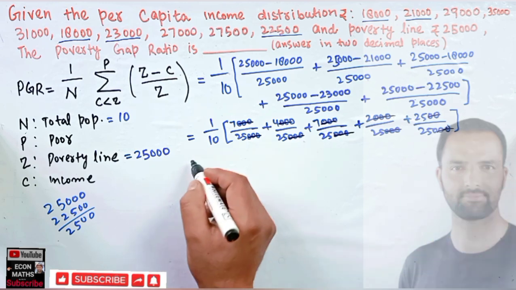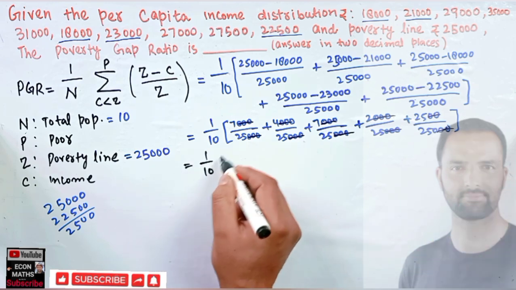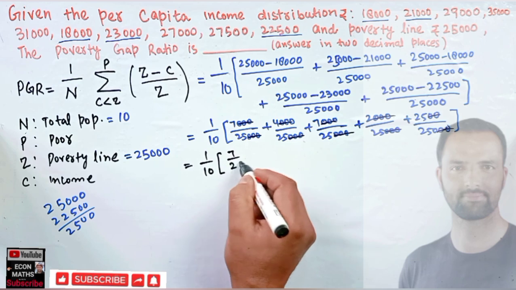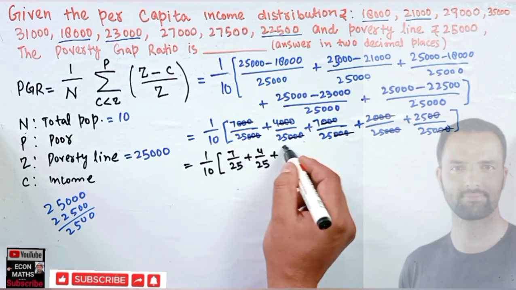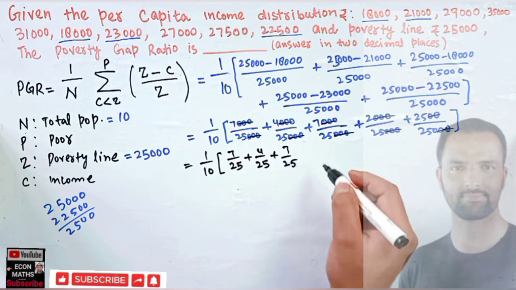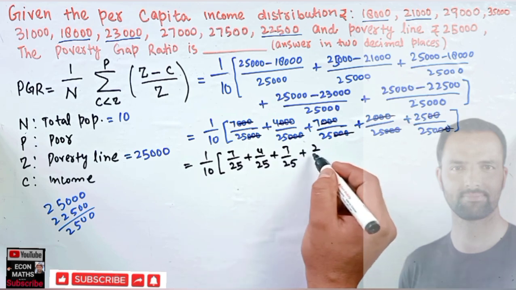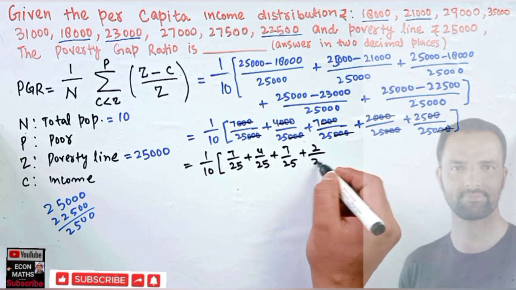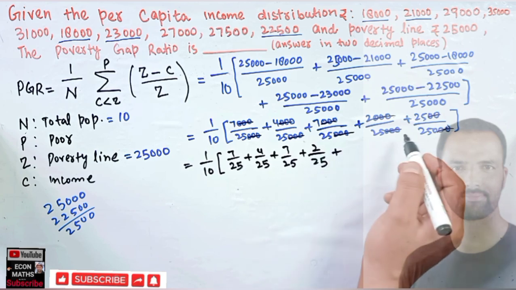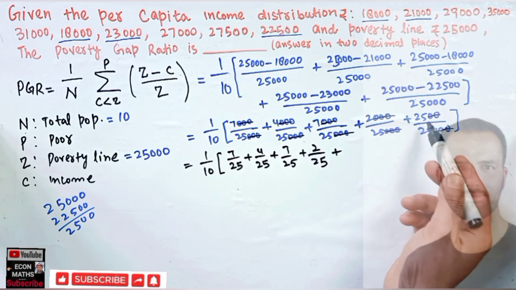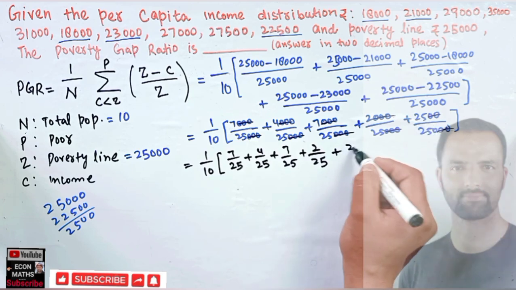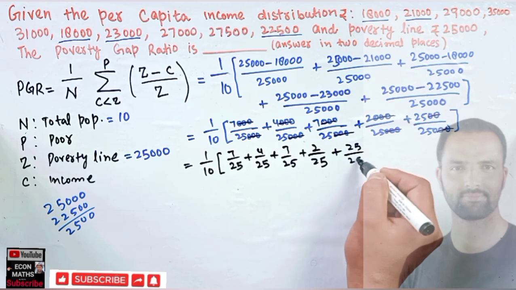So we are left with 1 upon 10, then we have 7 upon 25 plus 4 upon 25 plus 7 upon 25, plus 2 upon 25, plus 25 upon 250.